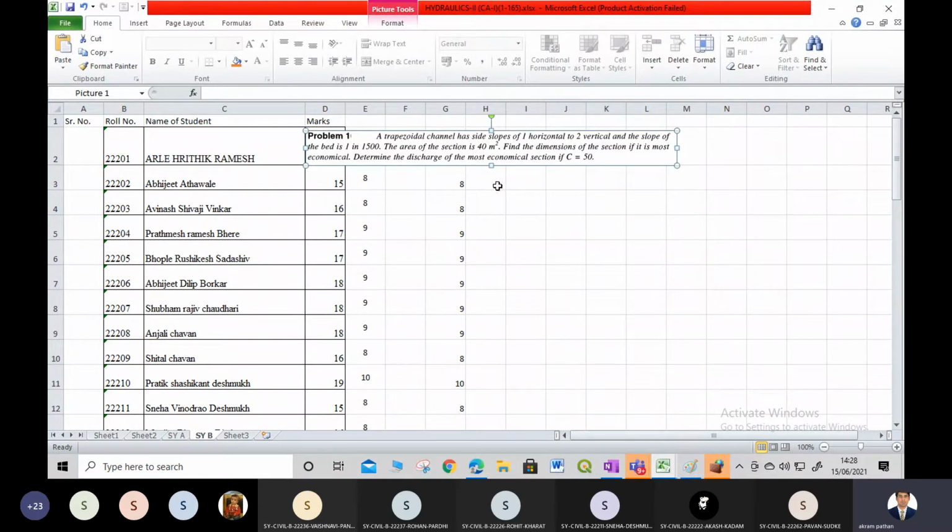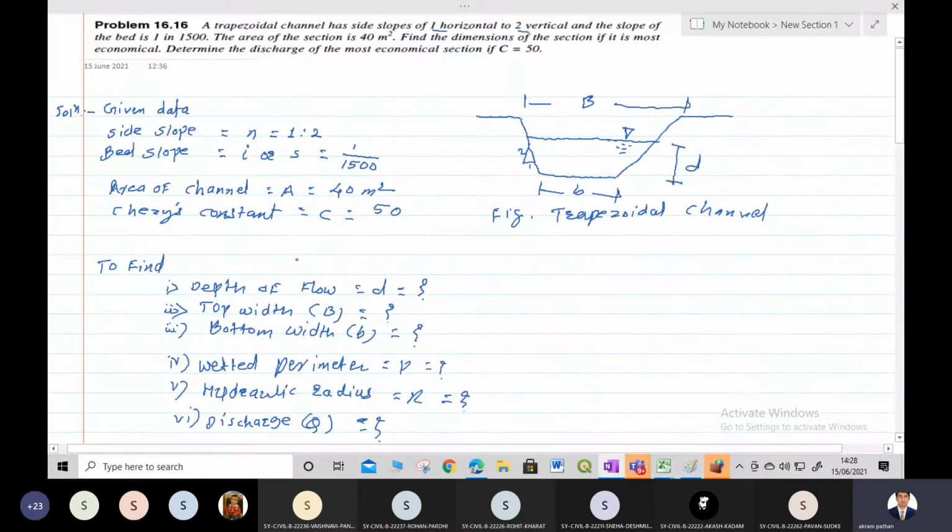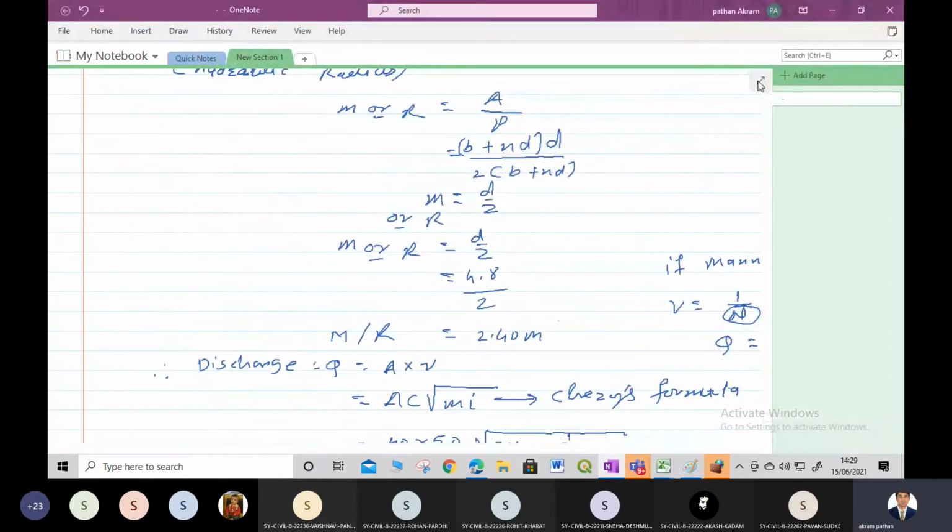And for the second student, another problem will be there from module number 3, 4, and up till now, whatever syllabus we have covered, including turbines also. So you have to write with your manual calculation like this on your ruled paper or in your notebook, and you have to create a PDF for this problem also.